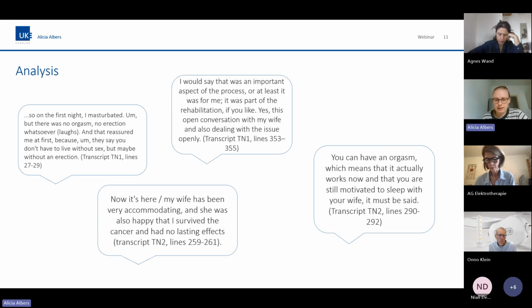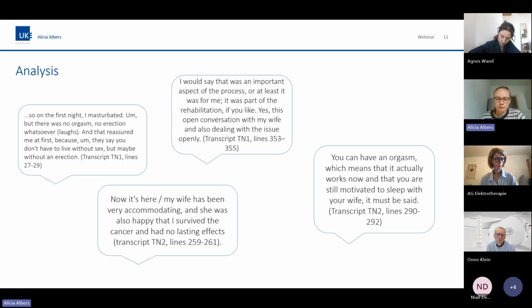And the other interviewee said that he was so lucky to have his wife and to be in an exchange with her. And this is something the other interviewee also said, that his wife was a really helpful person in this time of his life.